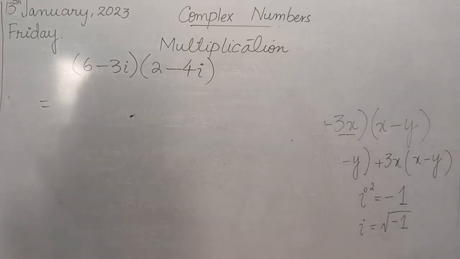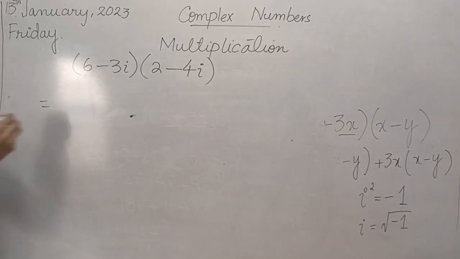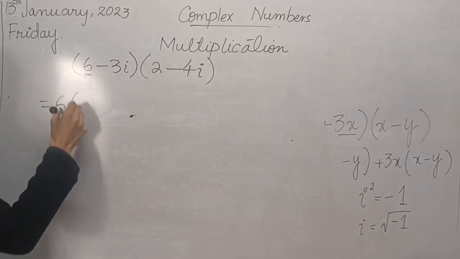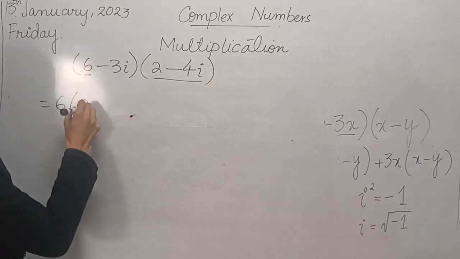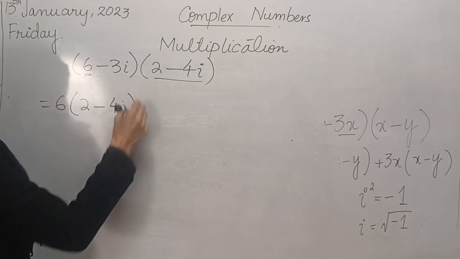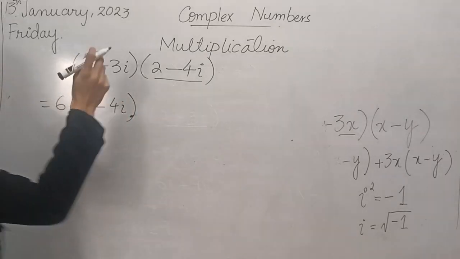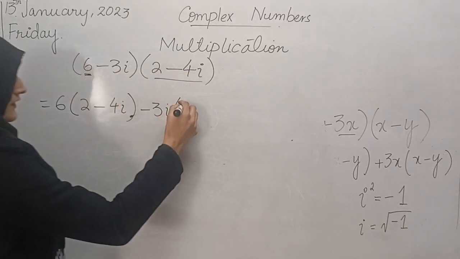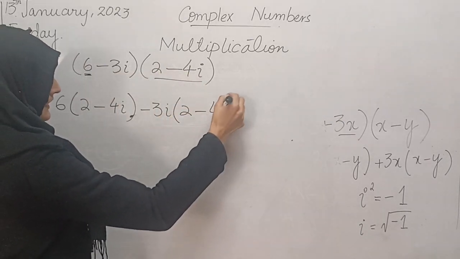But in multiplication, there is a different rule. Take the first number 6 and multiply it with the whole bracket 2 minus 4 iota. Similarly, take the second number minus 3 iota and multiply it with the second whole bracket.